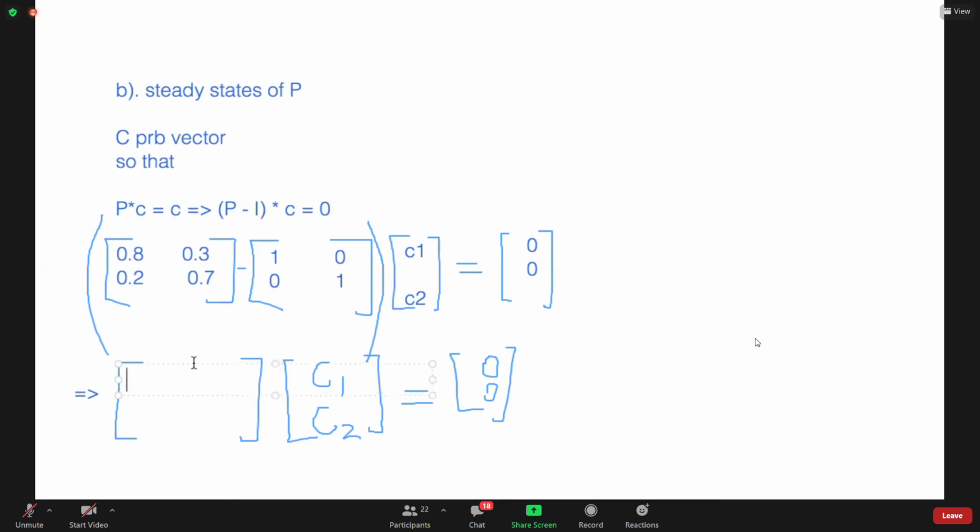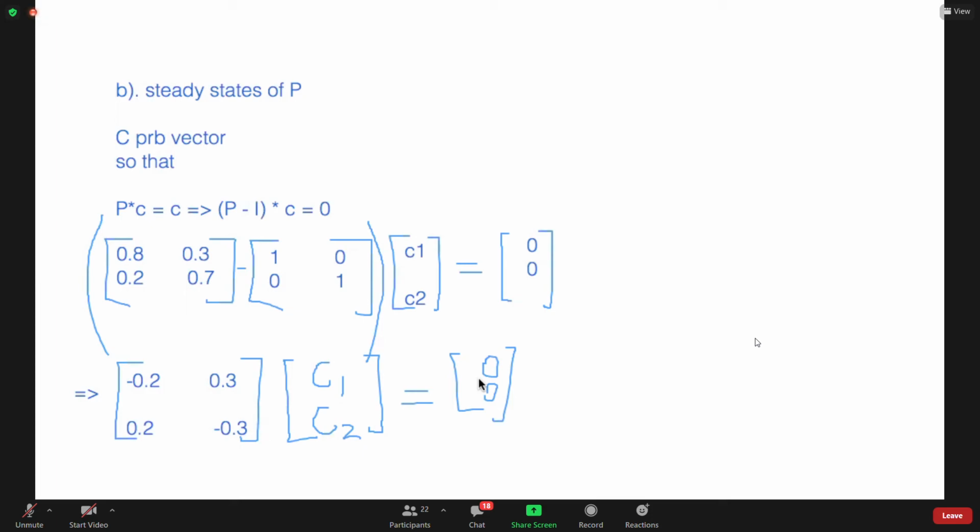Inside the matrix, what do I have left? 0.8 minus 1 will be equal to minus 0.2. 0.3 minus 0 will be equal to 0.3. 0.2 minus 0 will be equal to 0.2. And 0.7 minus 1 will be equal to minus 0.3. And that's it. So I know that this matrix multiplied by this probability vector C, represented by the values C1 and C2, should yield me the null vector 0, 0.